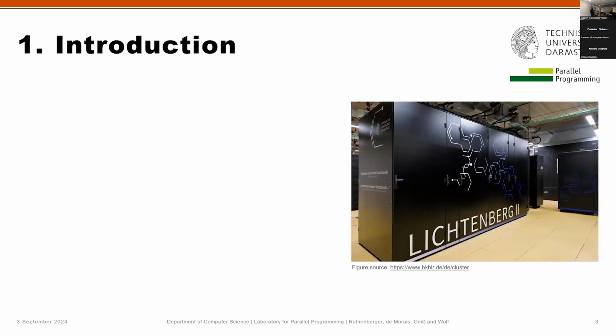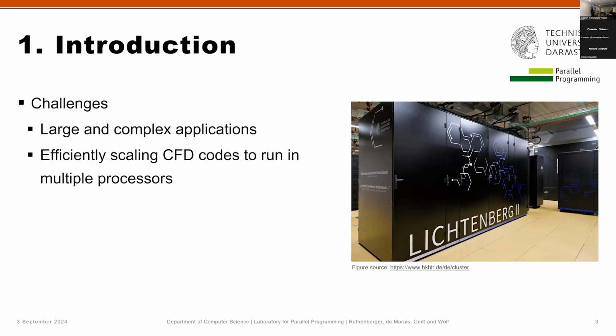As an example, here is the computing cluster from our group at TU Darmstadt, the Lichtenberg. To be able to use such technologies, there are some challenges, because those technologies are large and involve large and complex applications.